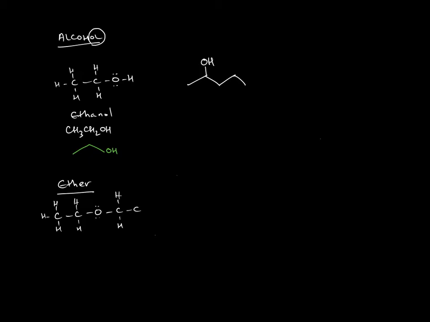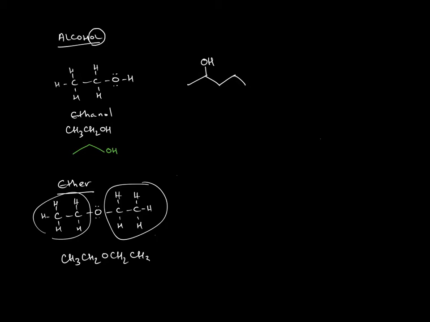So this is an example of an ether. It always has something on each side of an oxygen. It's got carbons on each side of an oxygen. So that's an ether. When we're turning this into a condensed formula, it would be CH3CH2OCH2CH3, which is probably not too hard for you to figure out.